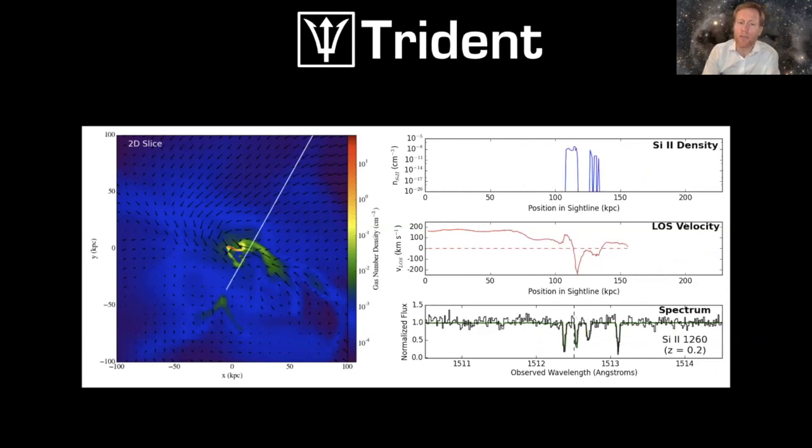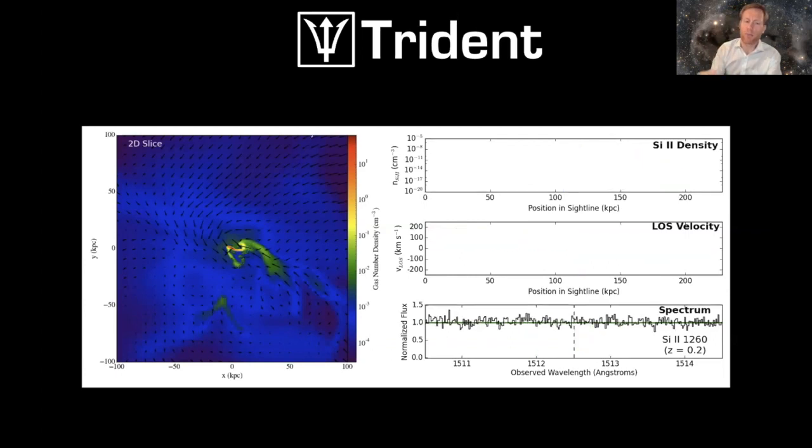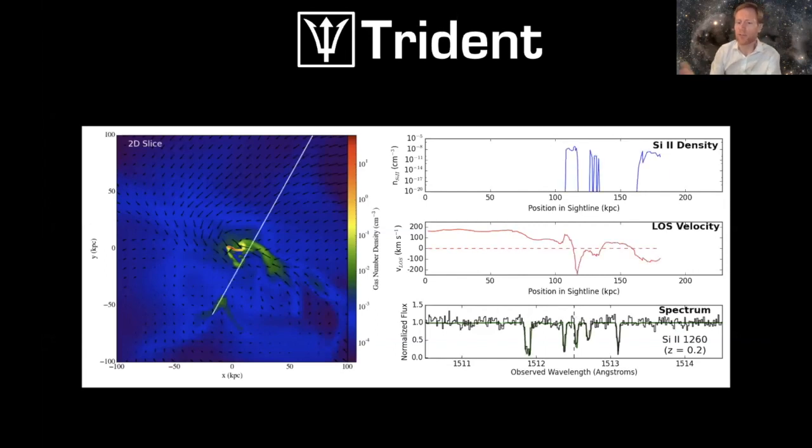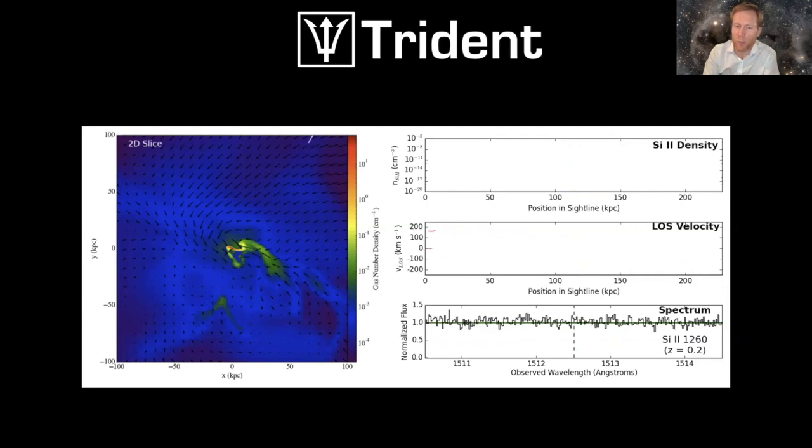And then we also see the line of sight velocity in the middle panel on the right, showing if the gas is blue shifted or red shifted to the perspective and the orientation of the observer. And finally, we can see the output spectrum that arises when we deposit these Voigt profiles based on the presence of silicon-2 or not, and whether or not that gas is red shifted or blue shifted, and it produces something like the spectral features that we might expect to see.